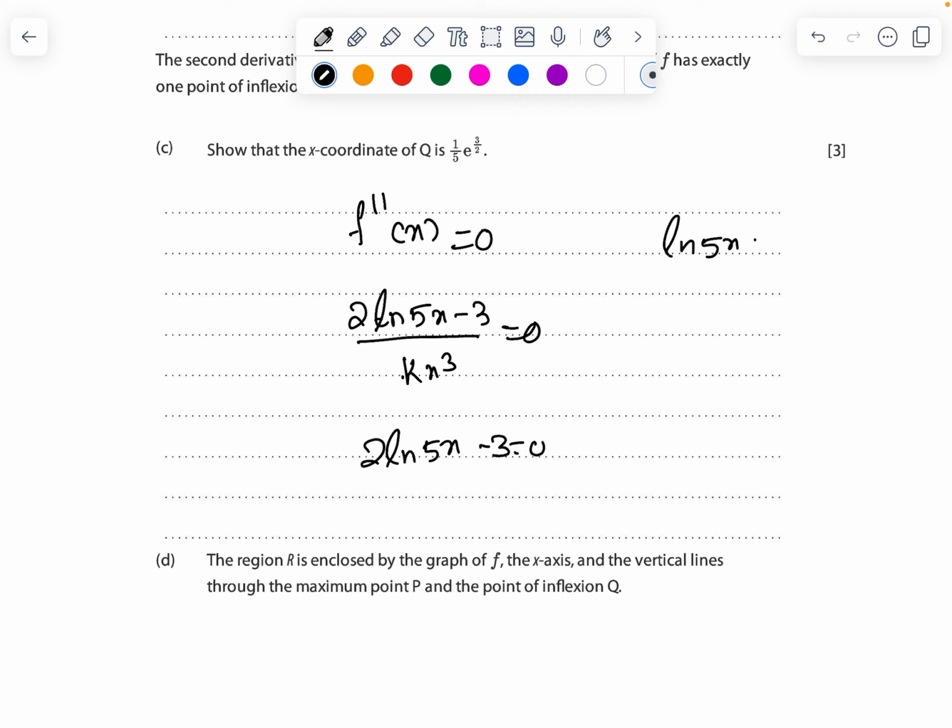So ln 5x equals 3 upon 2. 5x equals e to the power of 3 upon 2. x equals 1 upon 5 e power 3 upon 2. So first to write, second derivative is 0 is 1 mark. Getting this is 1 mark, and getting this is 1 mark, and this is answer given.